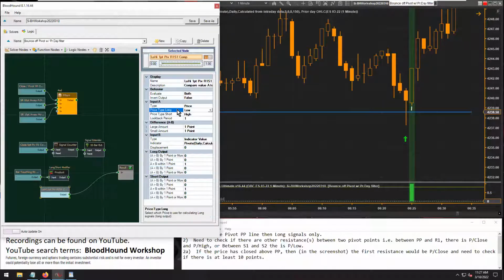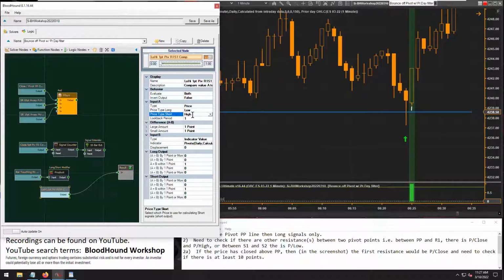So now on the outputs, we can see it says A equals B within 1 point, right? So when the low price gets within 1 point of R1, then we're going to get a long output. And there we go. There's our long output because the low is within 1 point of R1. And so the opposite is true.